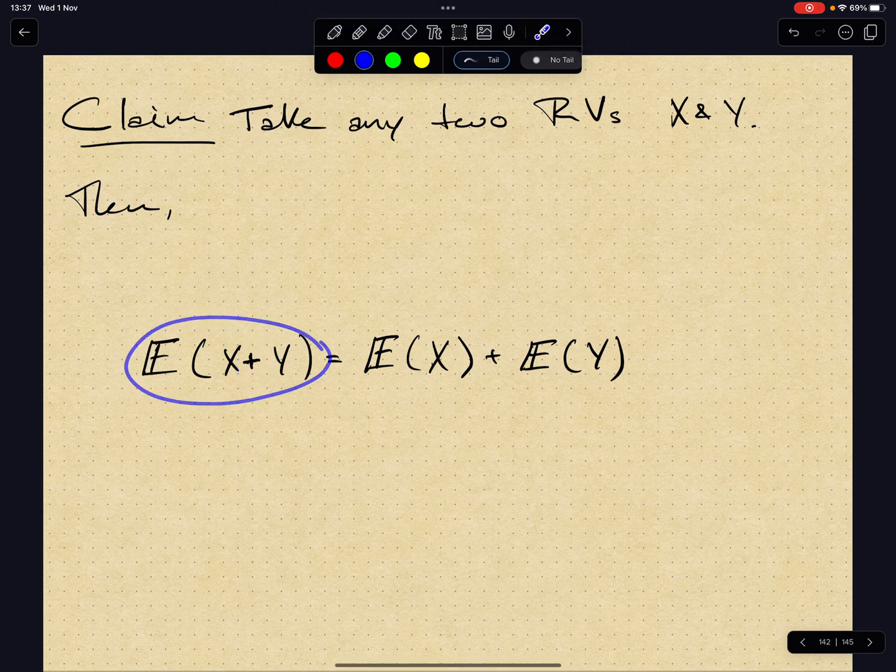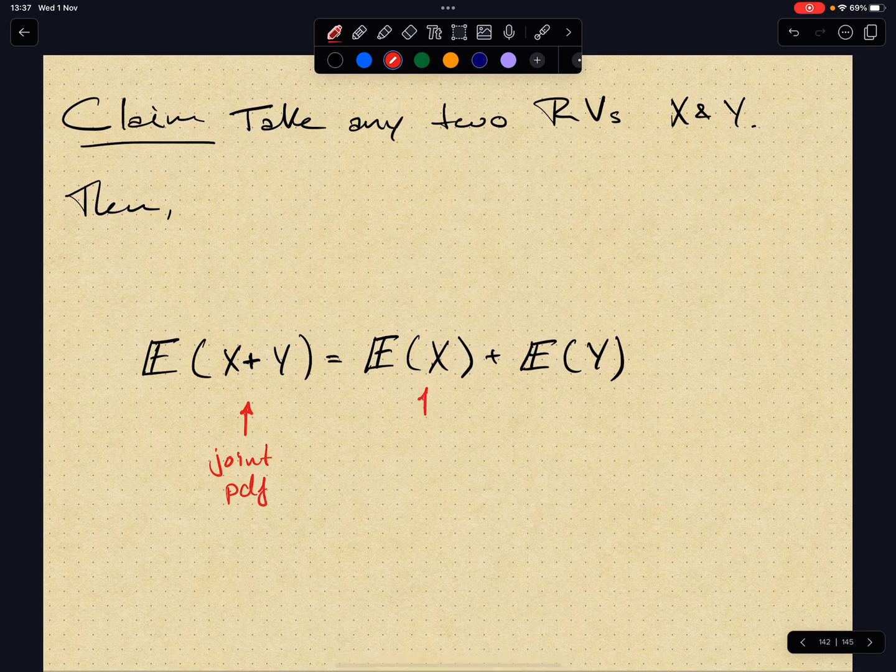So the expected value of the sum is the sum of the expected values. This is the claim. And this is very helpful for computations because to compute this quantity, you need a joint probability density. So to compute this side, you need a joint PDF, which is a two-variable function. And to compute this side, you just need the marginals, so you just need the PDFs.